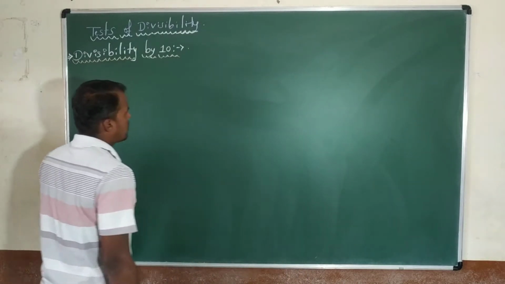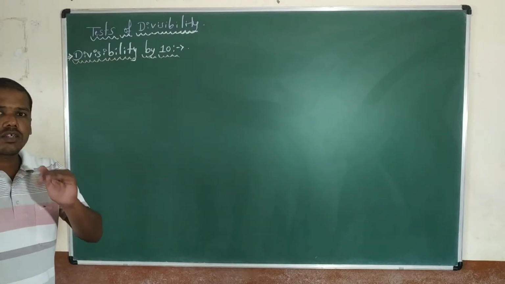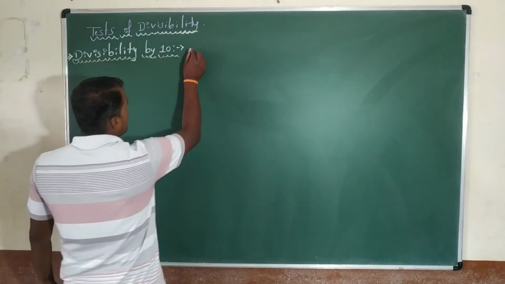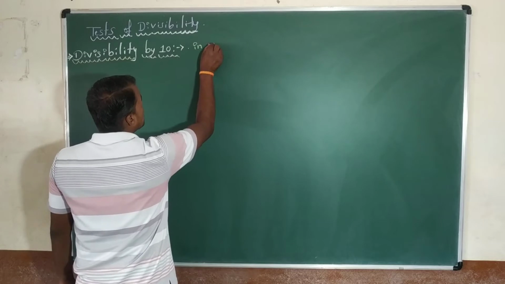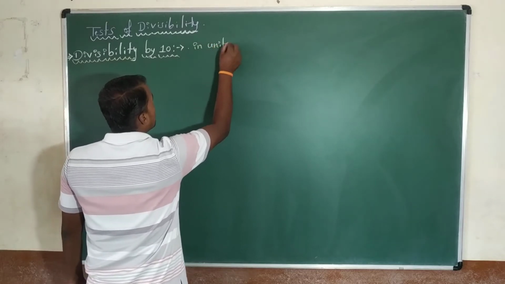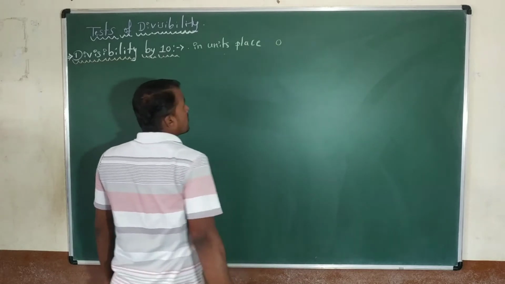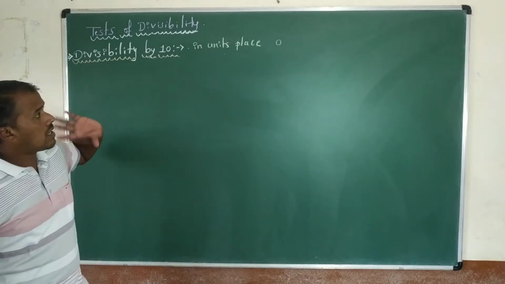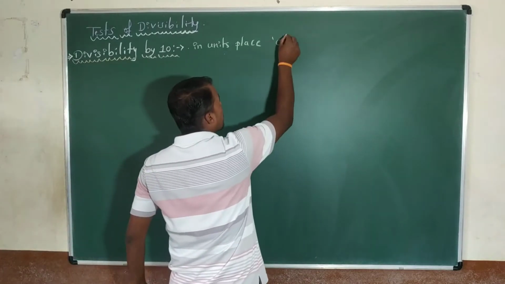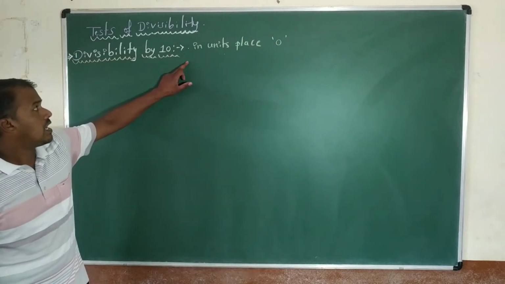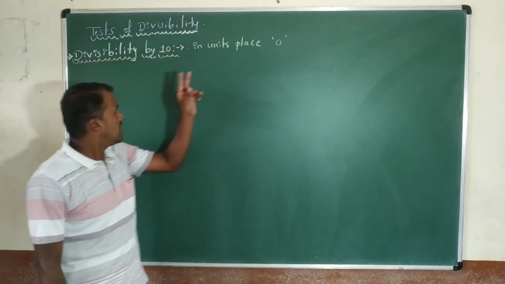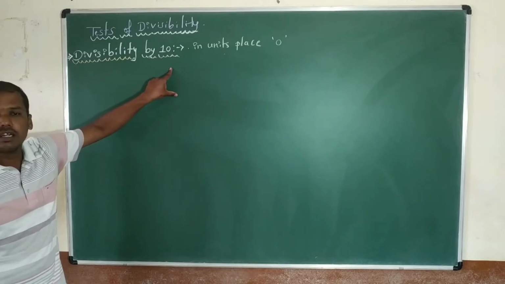The number having 0 in its units place, then the given number is divisible by 10.